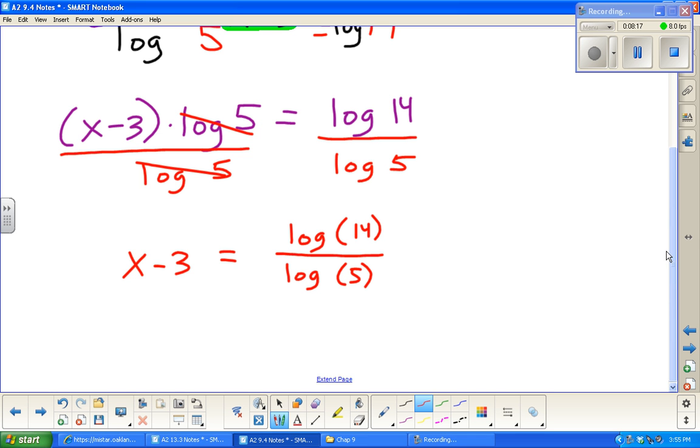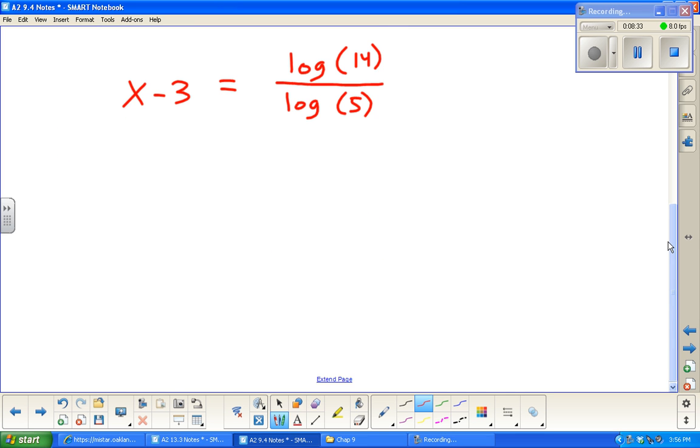If we do that right side on the calculator real quick, again, use the parentheses, it's key. Log 14, close it up, divide by log 5, close it up. That gets me about 1.6397. So x minus 3 equals 1.6397.